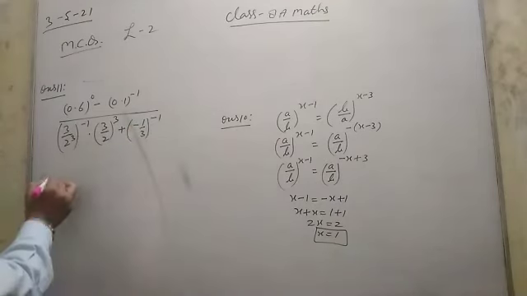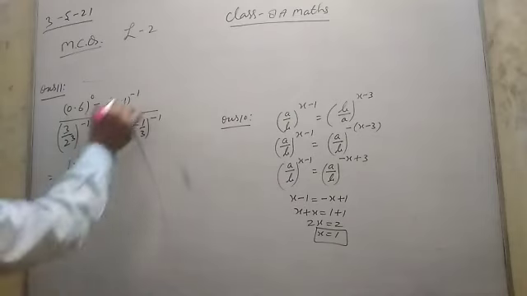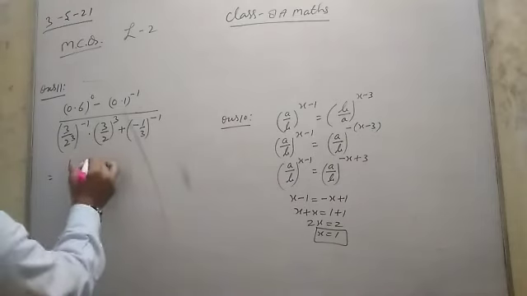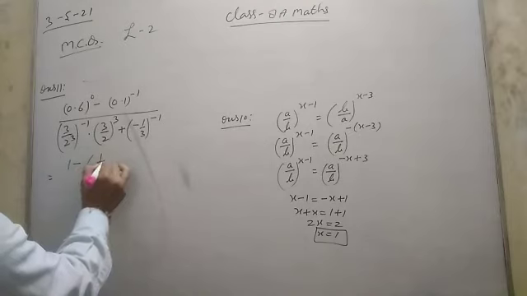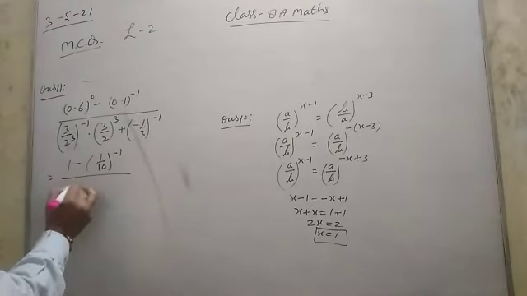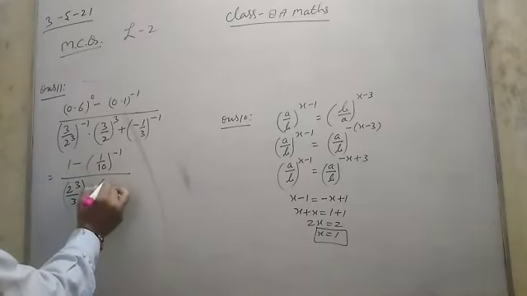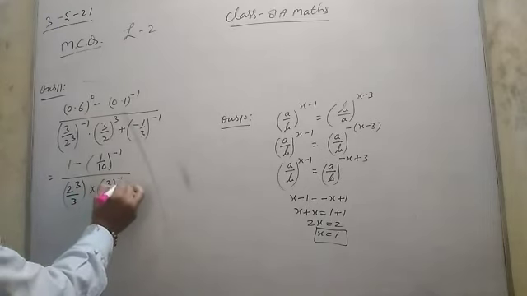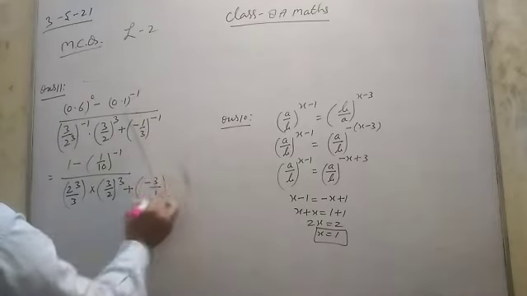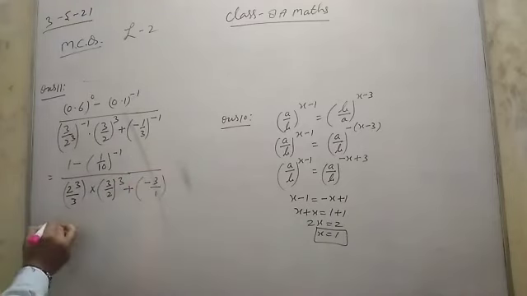So simplify. So this power 0 means 1, minus 0.1 means 1 upon 10. We can write 1 upon 10 power minus 1 upon this minus, so reciprocal 2 power 3 upon 3 power 3, into 3 by 2 power 3, plus here also reciprocal, so minus 3 upon 1.